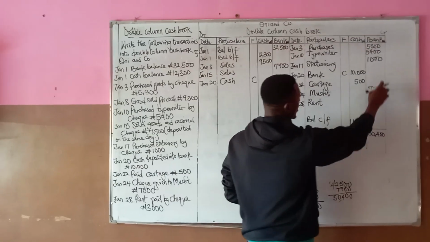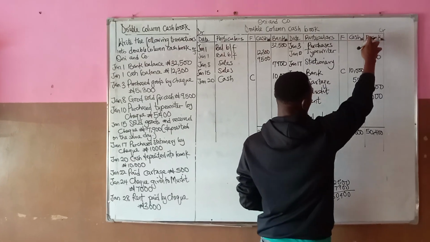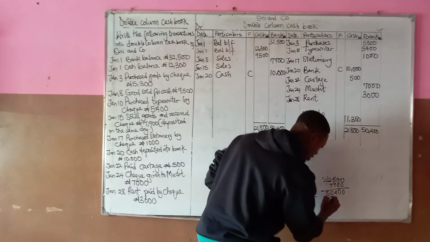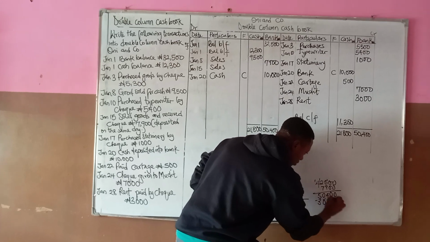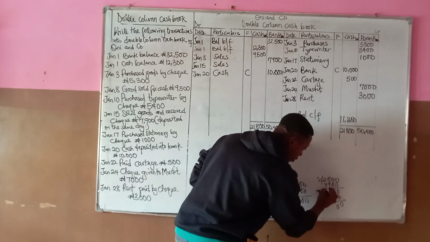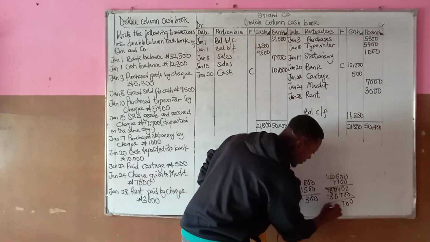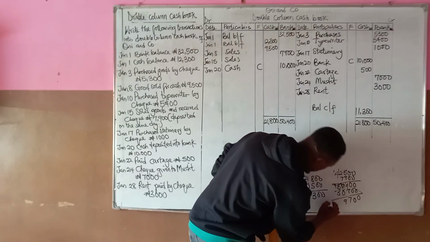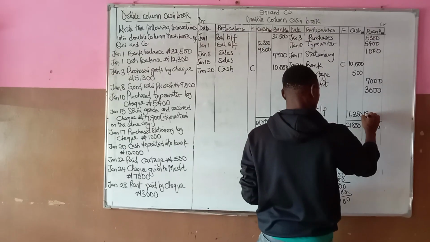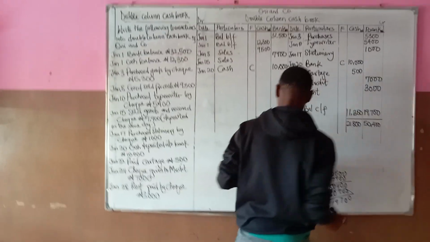50,400. Then this will give me, this is 10,000, this is 10,700, 20,700, 30,700 minus 30,700. 0, 0, this is 9, this is 4, 14, this will give me 7, this is 9, and this is 1. So this is 19,700.